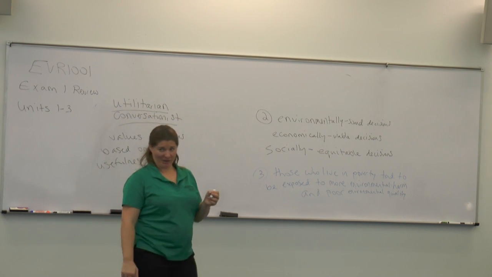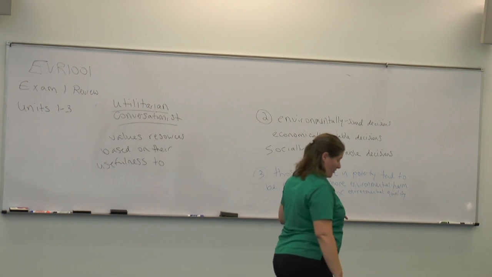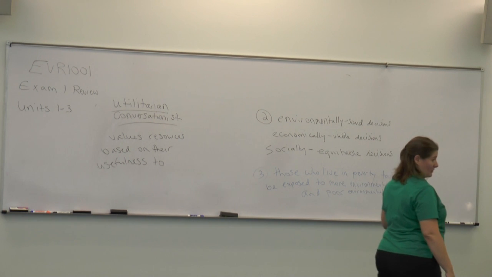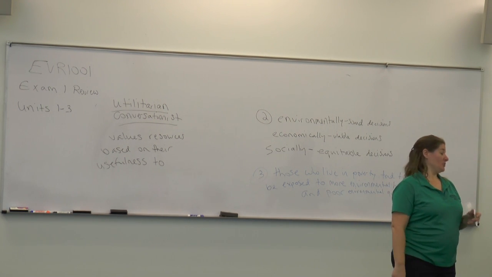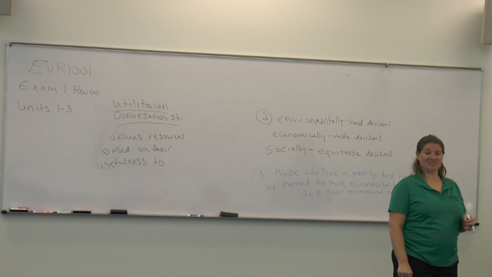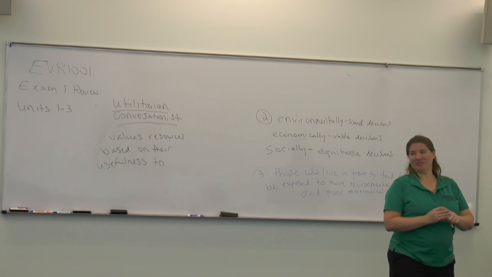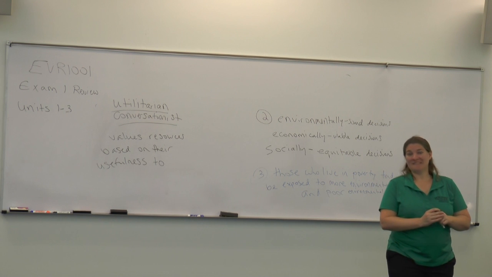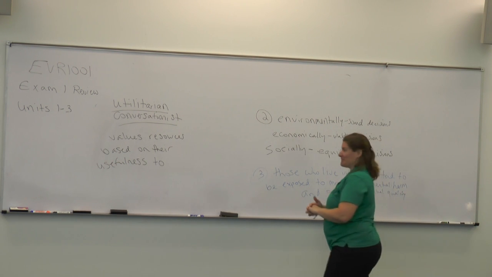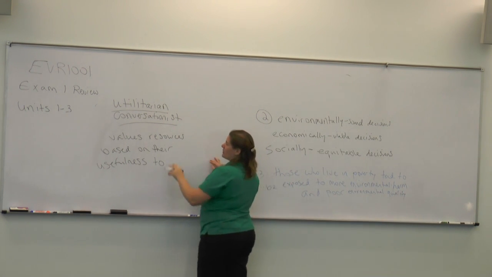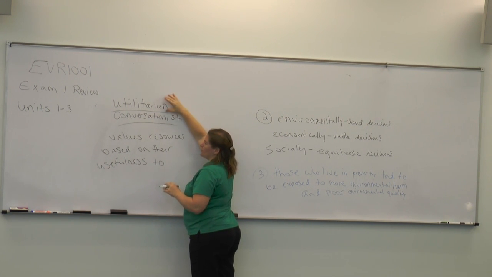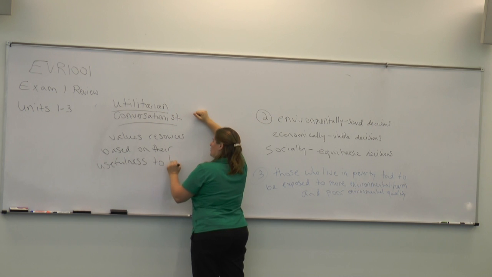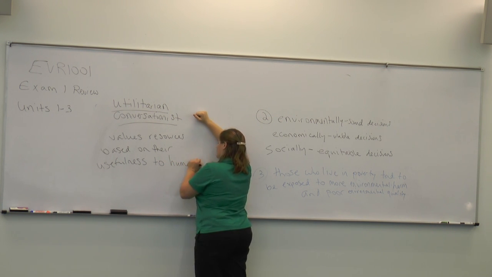Are the resources important to butterflies? To wolves? To humans? Who is it all about? To humans, right? The utilitarian conservationist only wants to conserve a resource that can be utilized by humans.